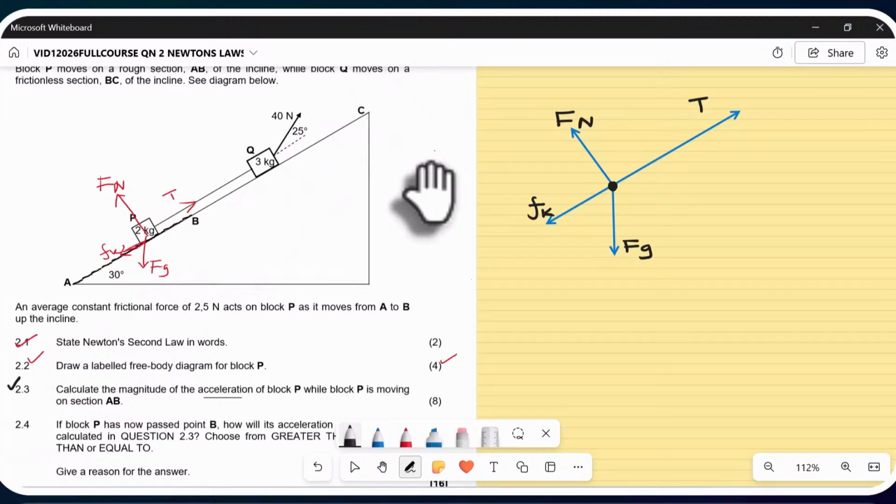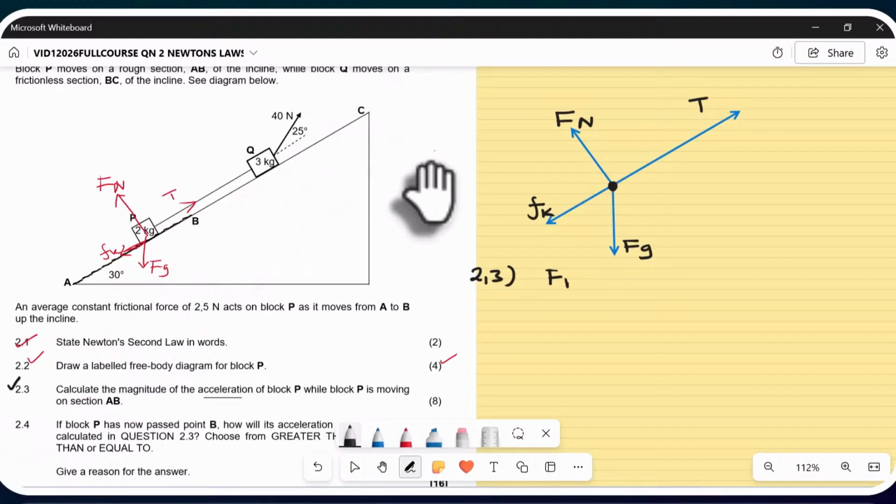Our F net equals to ma. Now in this question, they did not tell us that we are moving at a constant speed, so we don't equate to 0.